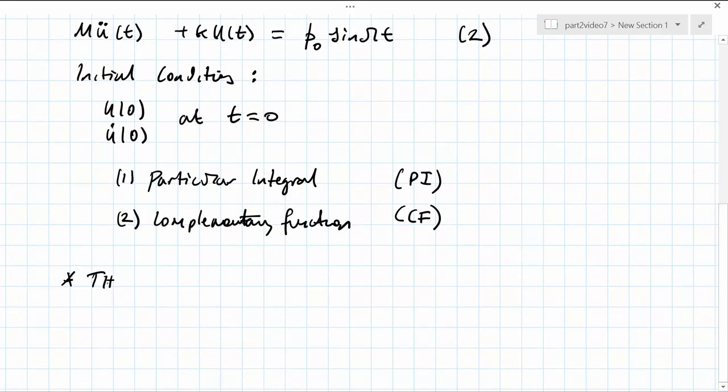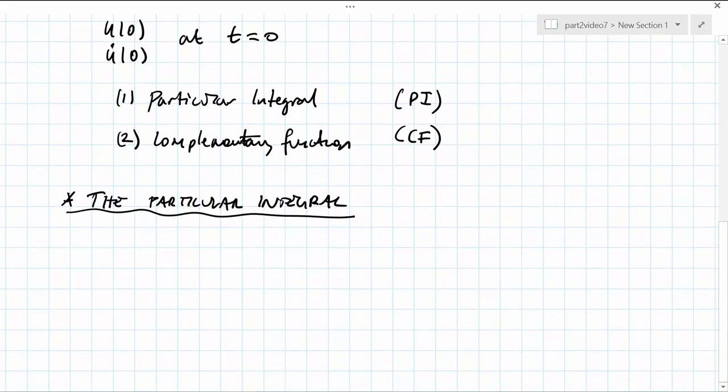The particular integral can be evaluated by proposing a function that is the same form as the forcing function. So we denote the particular integral as u_p(t), and we're saying that this time it takes the form of a constant D times sine capital omega t.